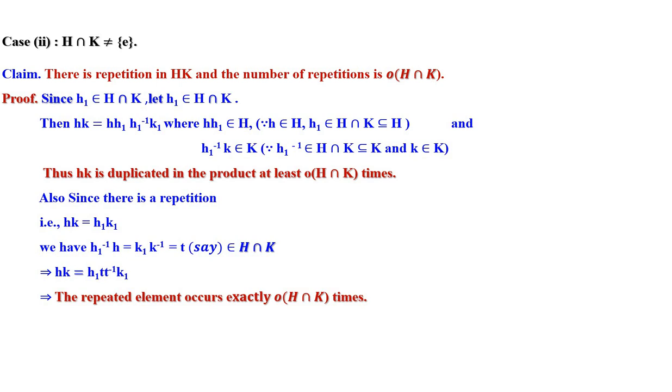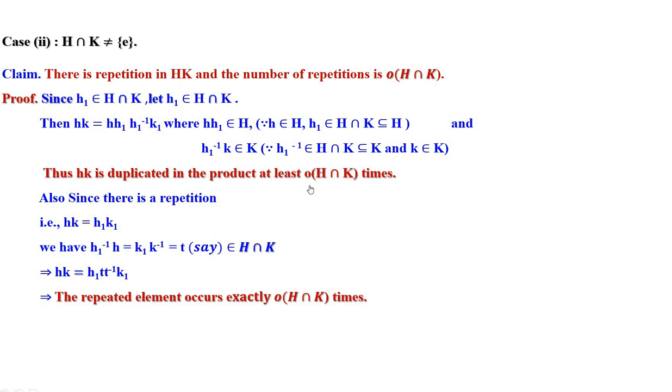So we have these two present, and the product is present in H, and this one is present in K. Because H1 is in H intersection K, which is contained in H, this step comes, and for this we have this. H1 inverse belongs to H intersection K, and that is contained in K. So K is also in K, and therefore this one is in H, this one is in K. Right. So my HK is this. Thus, HK is duplicated in the product at least order of H intersection K times.